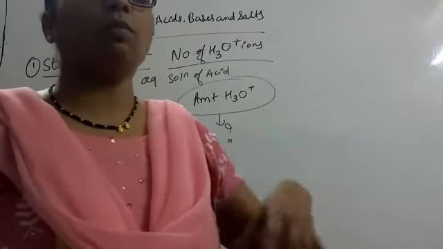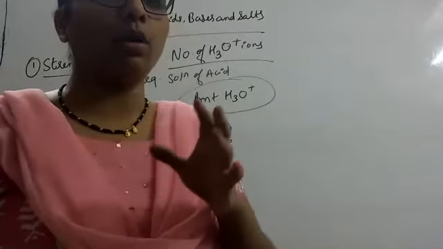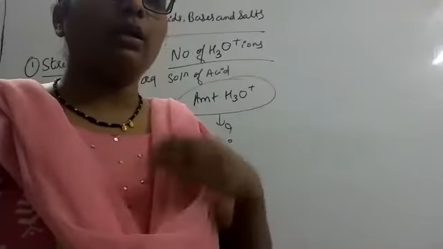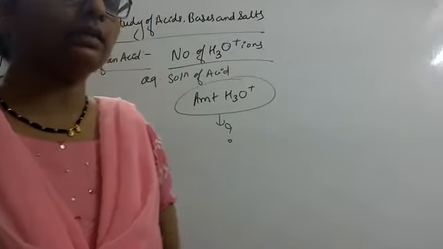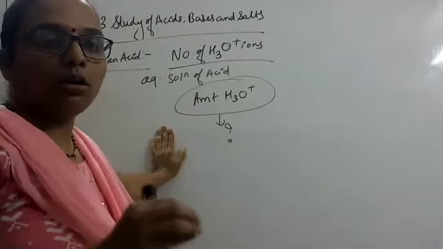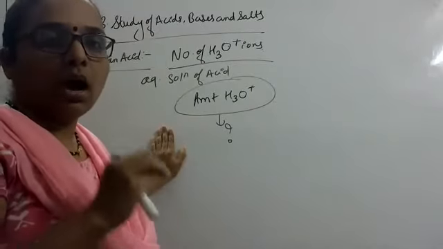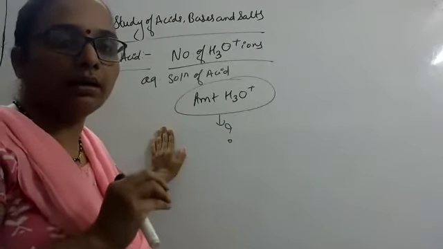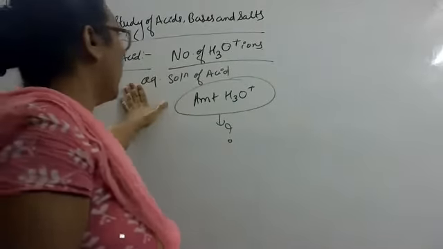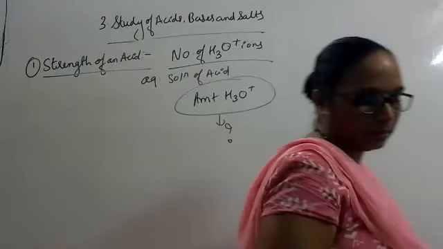Some acids will form 10 molecules, some will form 100 molecules, some will form 20 molecules. Depending on that, we classify the acid as strong or weak. So strength of the acid means, on dissolving in water, how many hydronium ions are formed by that acid. That is called the strength of an acid.